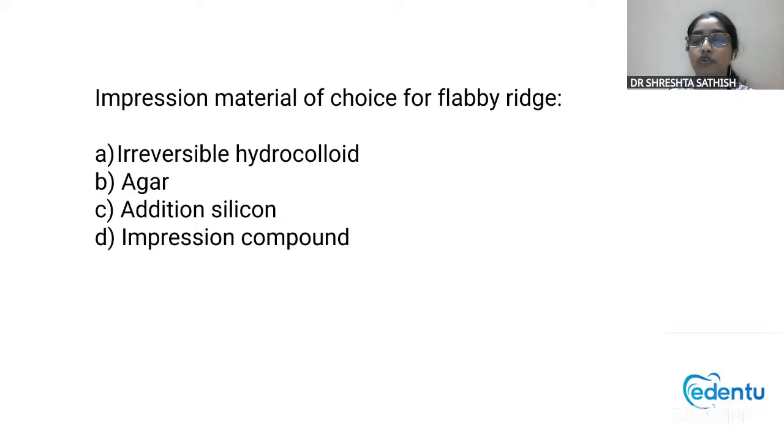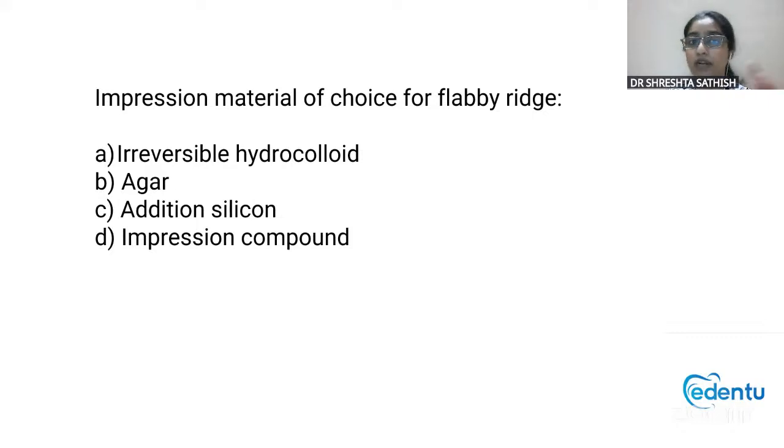You're not going to use anything that is mucocompressive. Impression compound, addition silicone, both are extremely mucocompressive. So not the choice of material. Agar is also slightly mucocompressive, not much though, but you will need to press more to get a proper impression, which you cannot do with a flabby ridge.